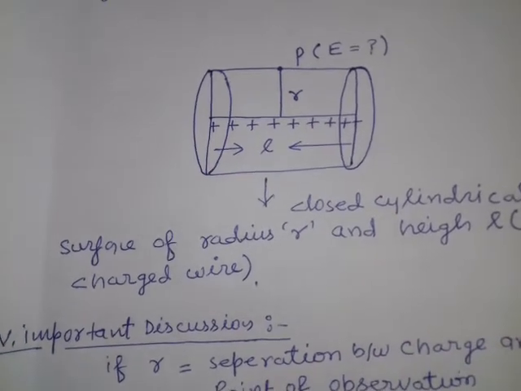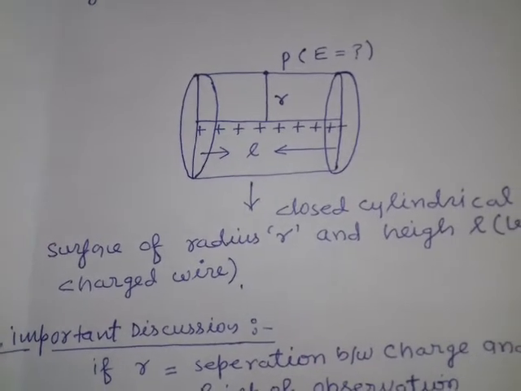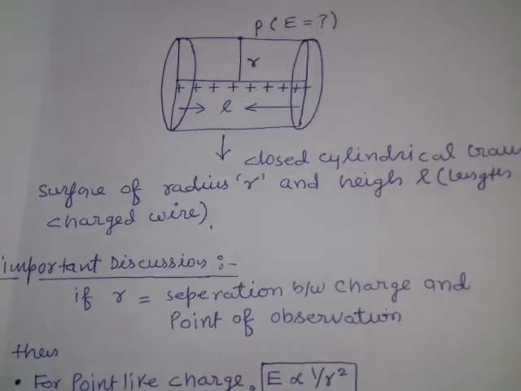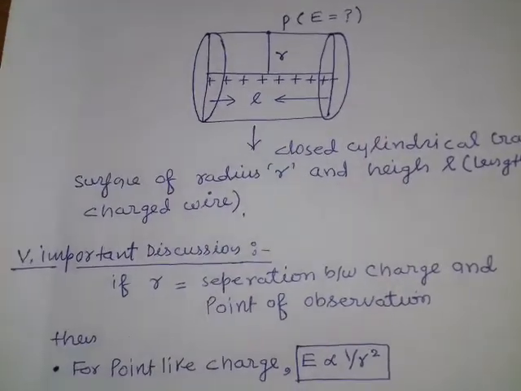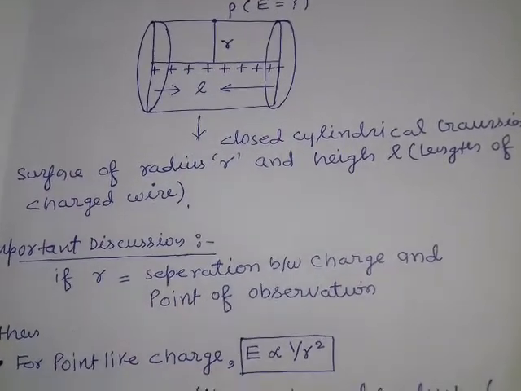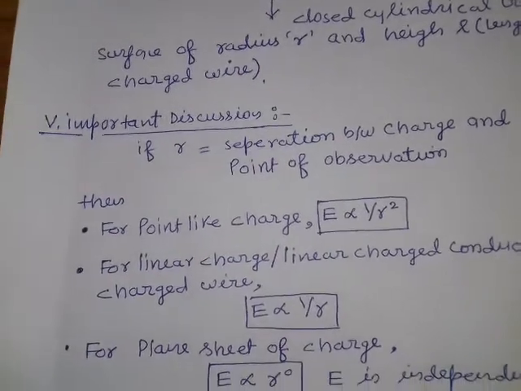Now the Gaussian surface in that case would be cylindrical and must pass through the point of observation P. So here your Gaussian surface is a closed Gaussian surface of radius r and height L, which is the length of the charged wire. Now some very important discussions.